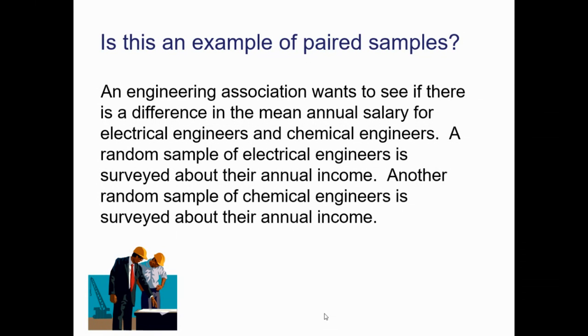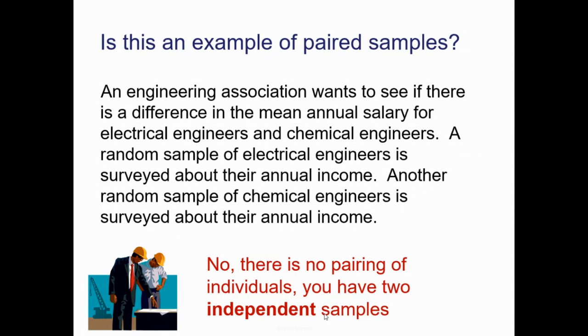Another random sample of chemical engineers is surveyed about their annual income. So they survey electrical, then they turn around and survey chemical. Are these samples paired? No, they're not. There is no pairing of individuals here, which means you have independent samples.